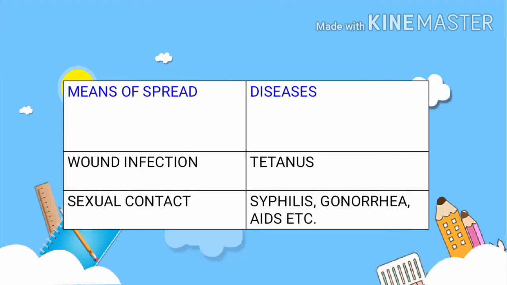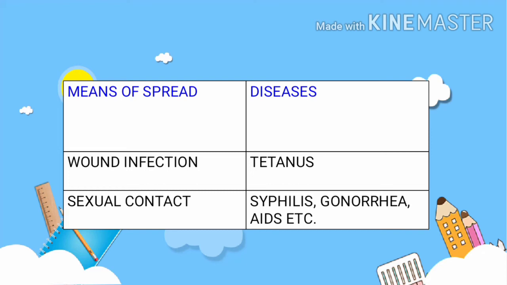There are some germs which can enter inside our body through open wound. Example of such disease is tetanus. Next comes sexual contact. Children, through sexual contact also germs of diseases can enter inside our body.